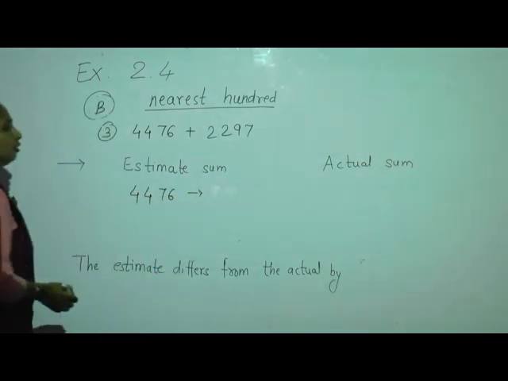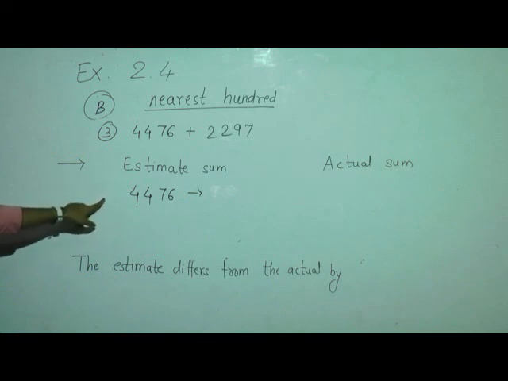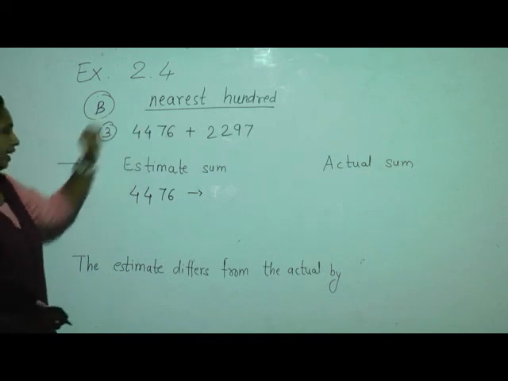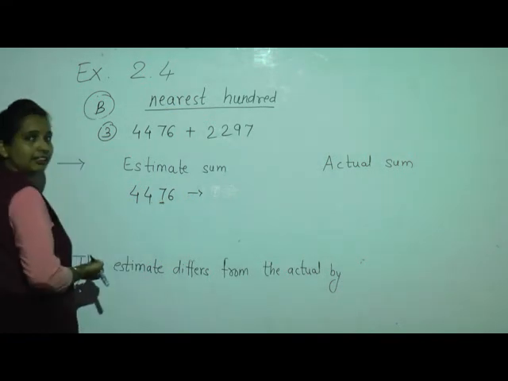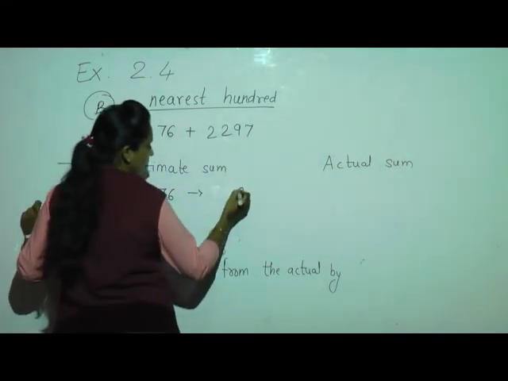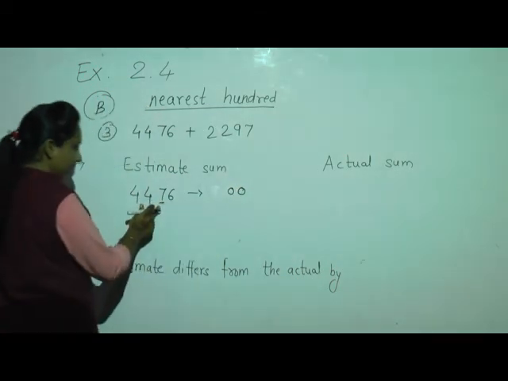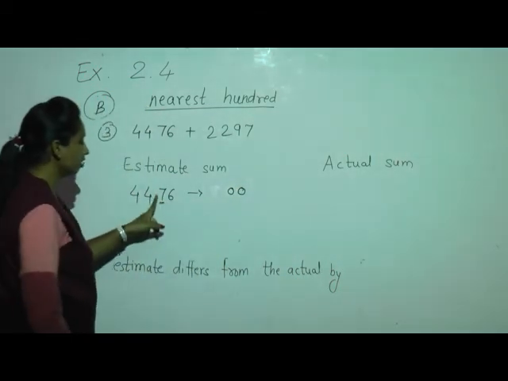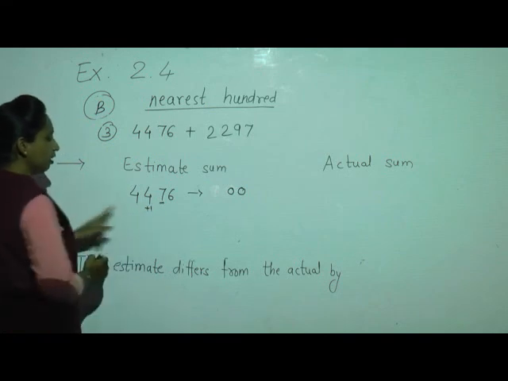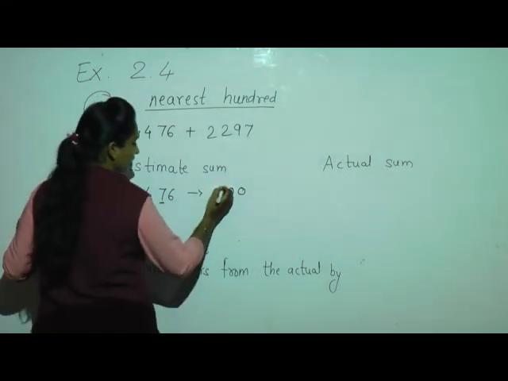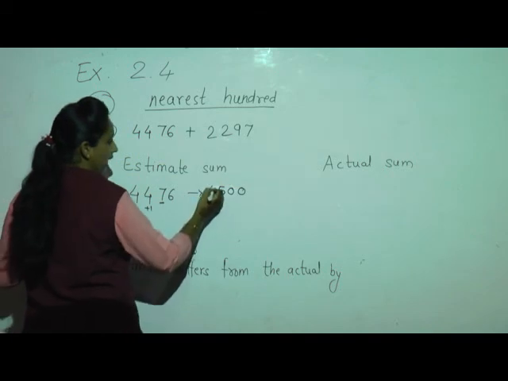Now we have to round off this number to the nearest 100. Whenever we are doing nearest 100, underline the tens place and place the 0 at ones and tens place and see the number 7. If it is 5 or more than 5, add 1 to the hundreds place. So 4 plus 1 is 5 and 4 as it is.